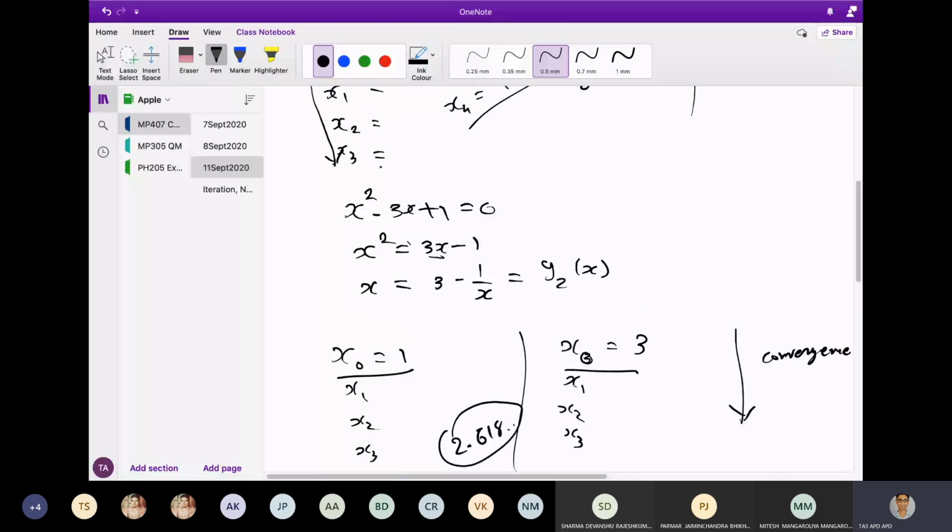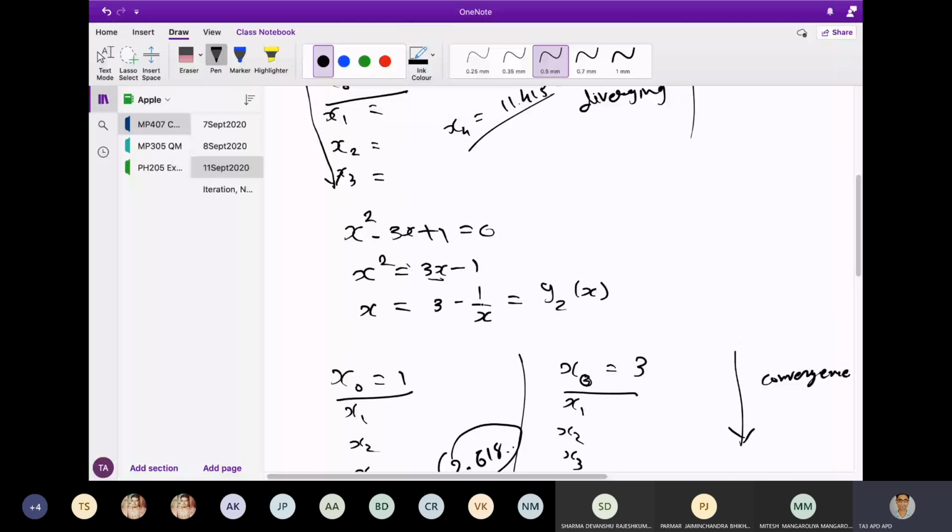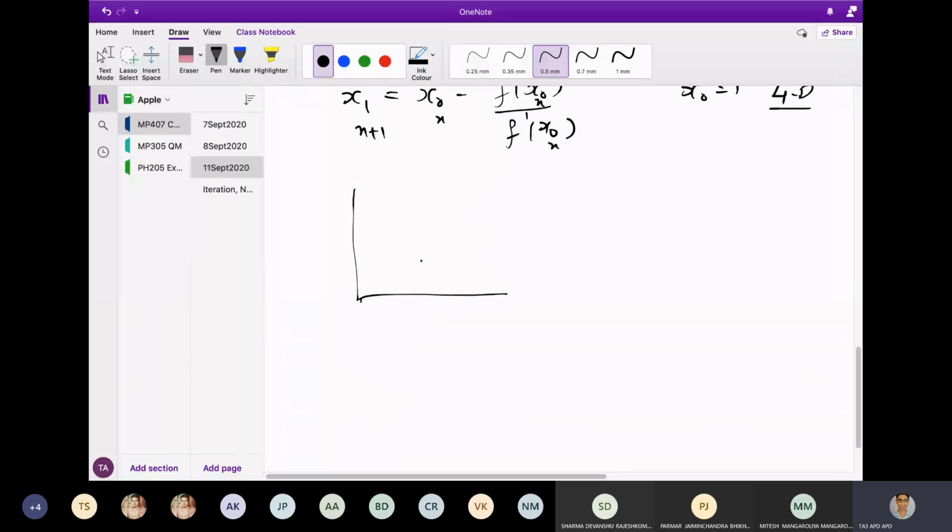From the given function, you make x equal to some function. Over here, what you are doing is approximating each point by its tangent. Each point by its tangent.